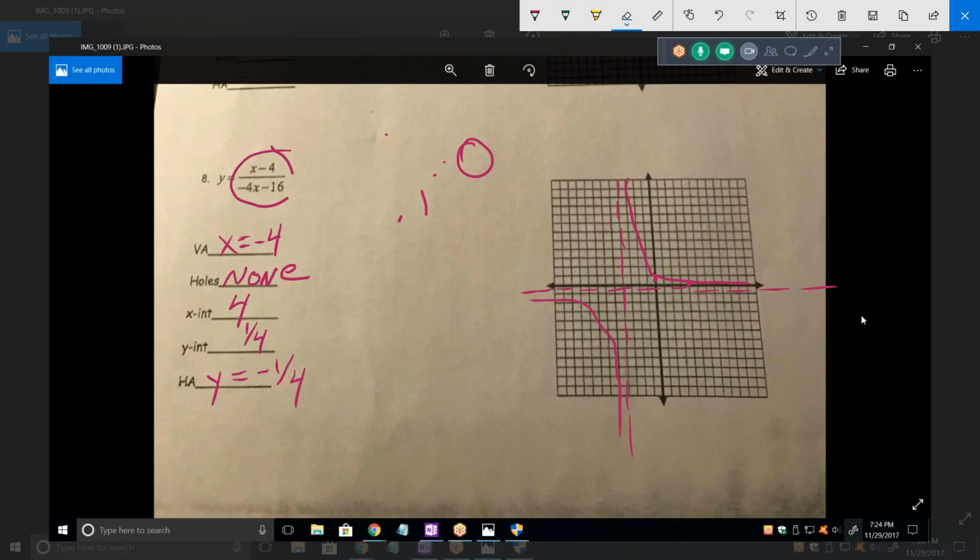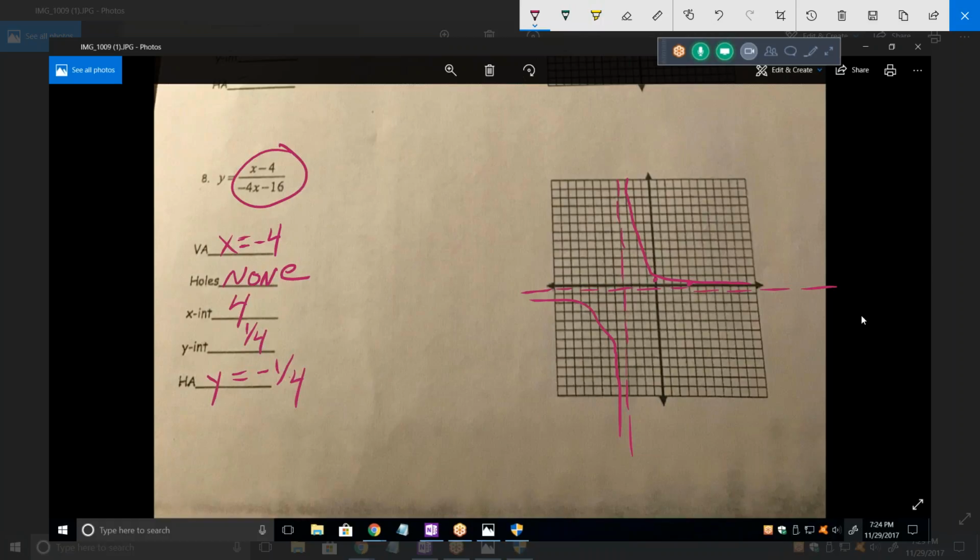Here's the way you figure out whether it crosses the horizontal asymptote or not. In this function, we know where the horizontal asymptote is. It's y equals -1/4. So can that ever equal -1/4? If it can equal -1/4, then it crosses that.